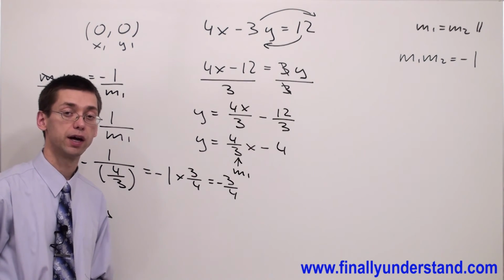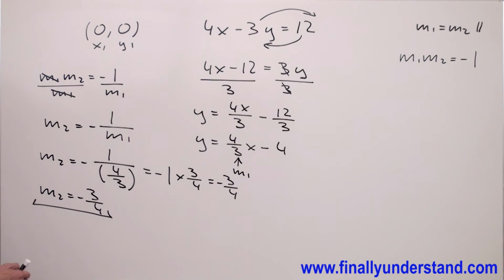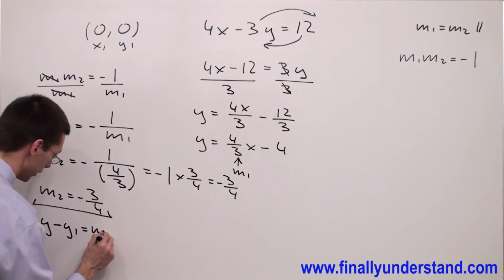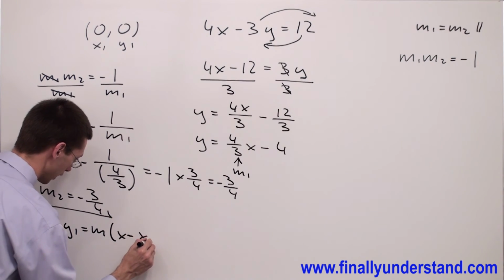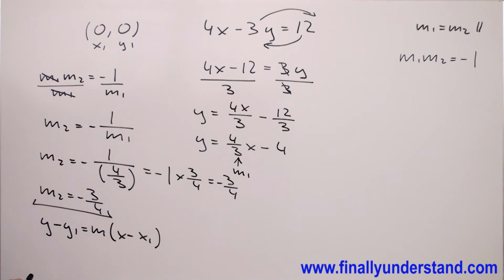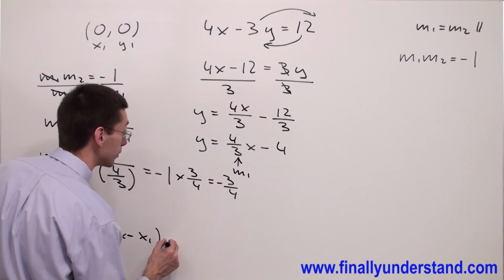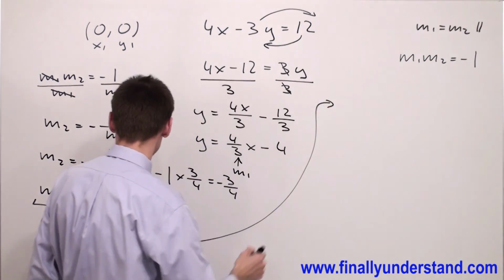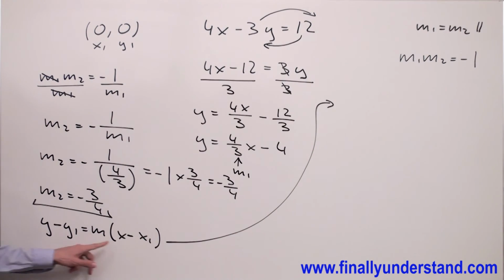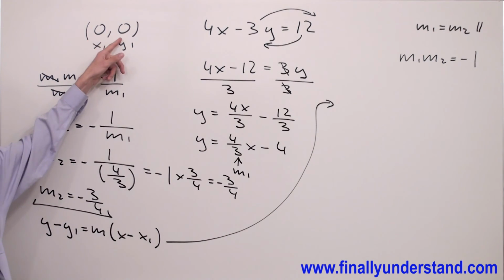Next, we're supposed to find the equation of the line which will have this slope and will pass through the origin. We're supposed to use again the point-slope form. So we have y minus y1 is equal to m times x minus x1. Next, we have to substitute y1 and x1 by zeros in this case.